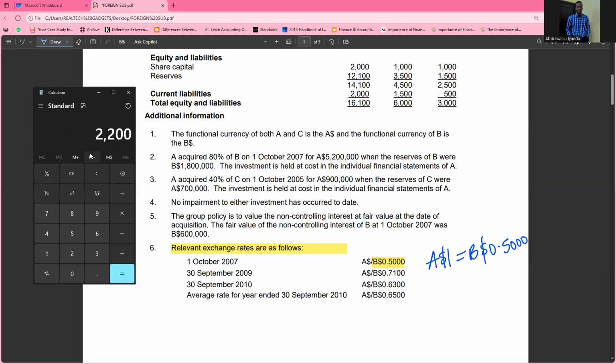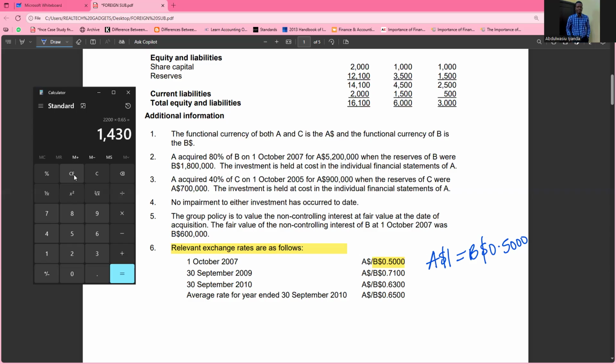So if we first say 2,200 multiplied by 0.65, you're having 1,430. You can see that is wrong. So what I need to do now is, because my answer should be more than 2,200, since B currency is more valuable than A.